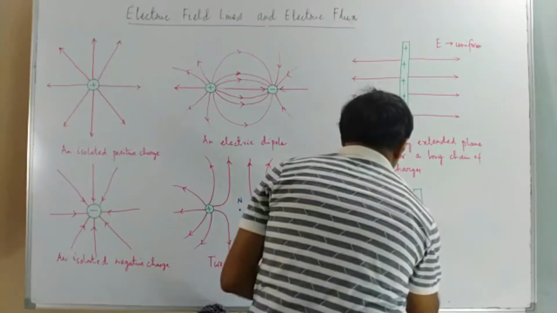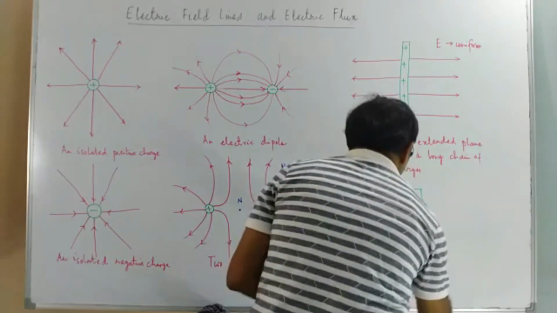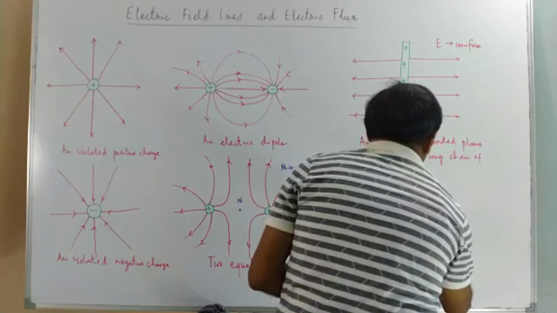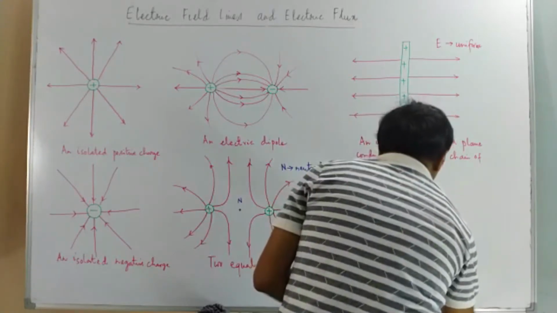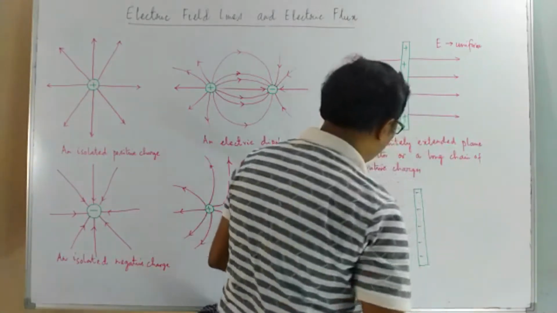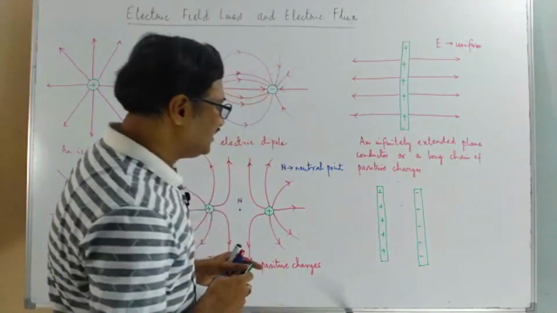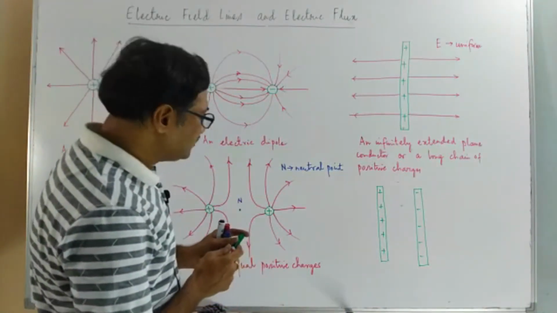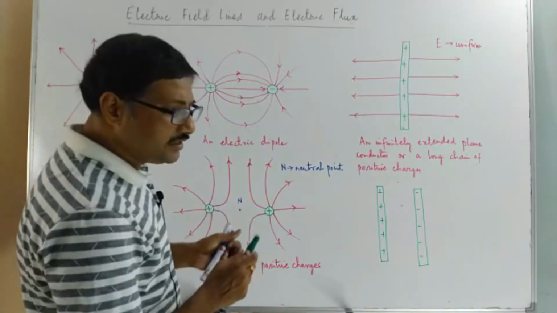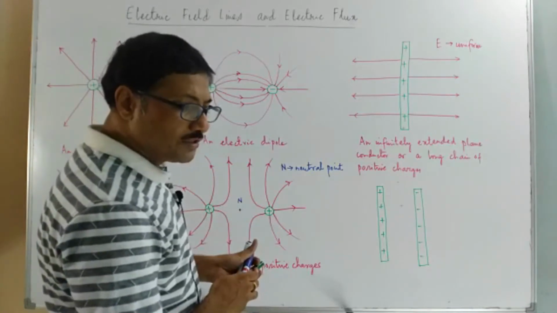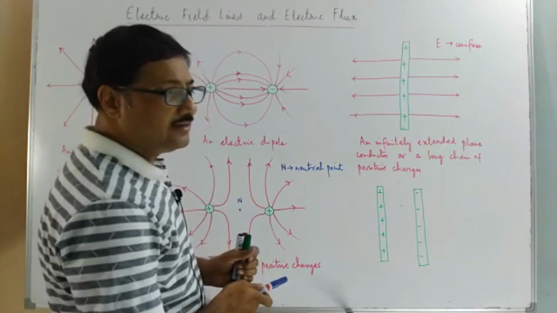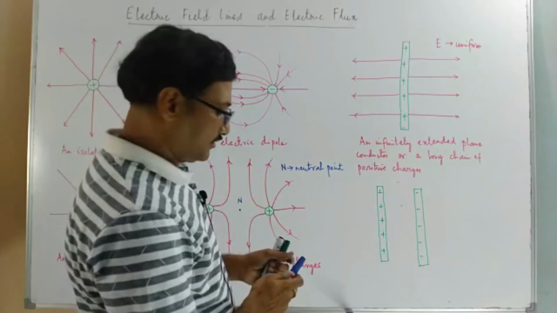They are oppositely charged. They are having finite dimension and I am interested in the electric lines of force between these two oppositely charged plane conductors. Okay?